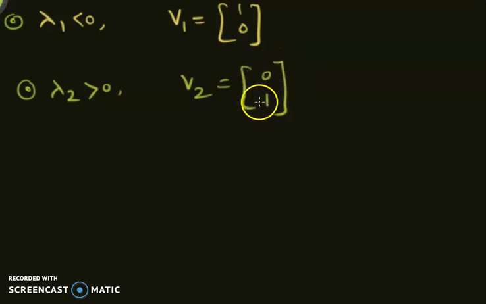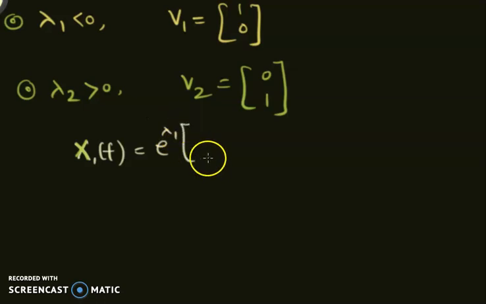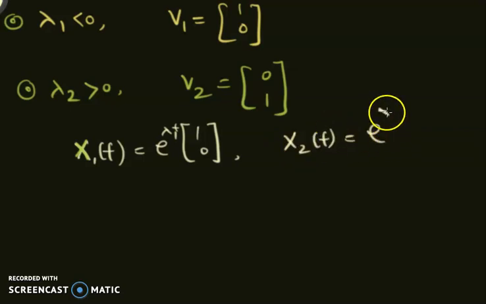And what do we have from here? For our system, one solution is going to be x1 of t equal to e to the lambda 1 t times 1, 0, and x2 of t is going to be e to the lambda 2 t times 0, 1.